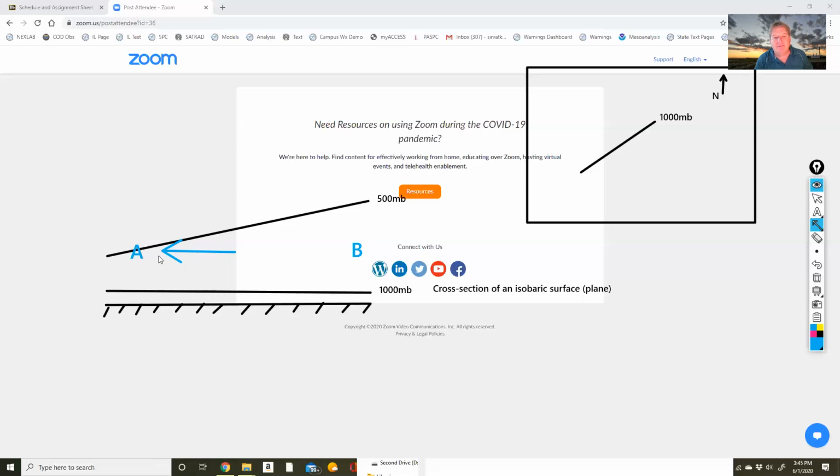Do you understand that if this is geostrophic, the actual wind is into the page? And it's hard to draw that because it's three-dimensional, but you have to imagine that the air is trying to blow into the page.